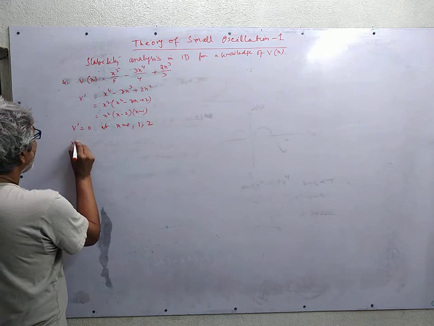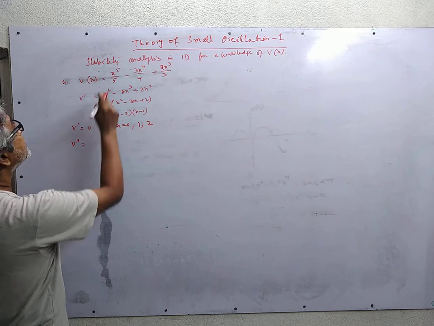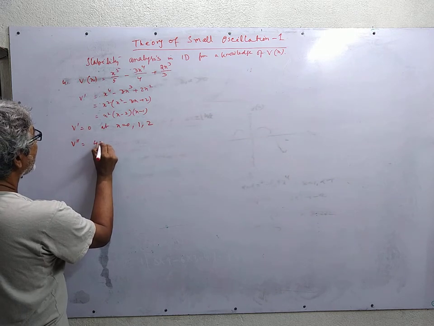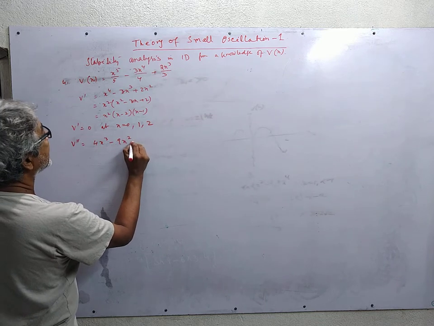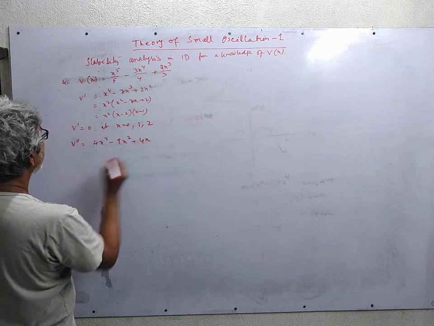And V double prime is equal to 4x cubed minus 9x square plus 4x.